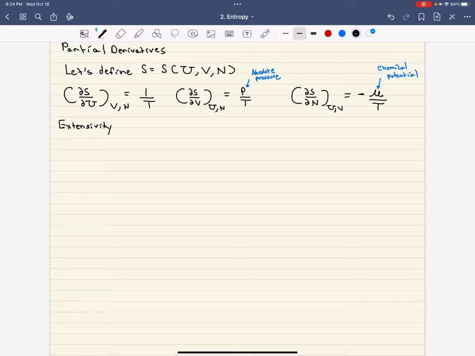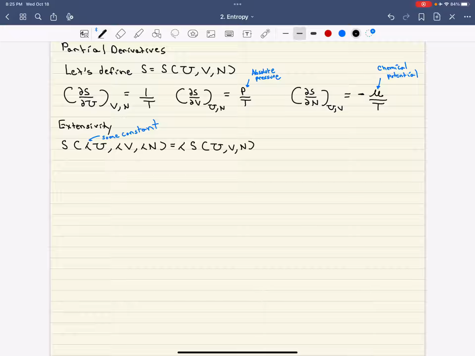All this means is that if we have entropy, and we multiply its internal energy, volume, and n by some factor lambda, not to be confused with a Lagrange multiplier, but we're just saying this is some constant, then that's equal to just multiplying the entropy itself by that same factor.